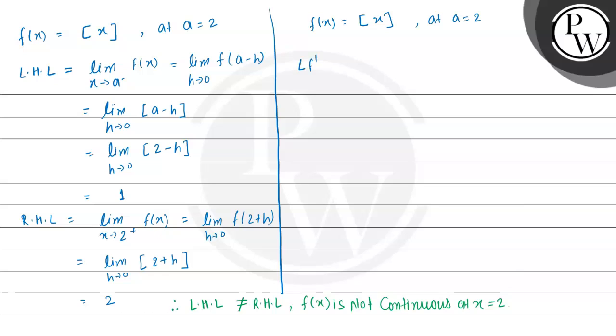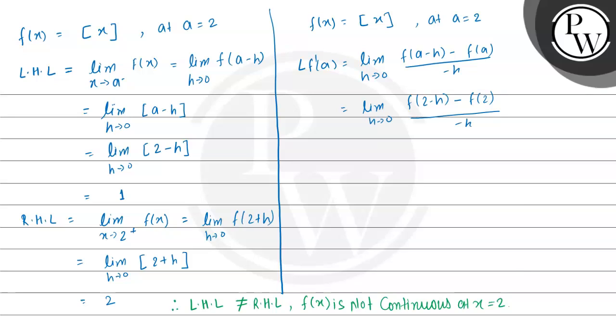First we find the left hand derivative, which is limit h tends to 0 f of 2 minus h minus f of 2 divided by minus h. So this is limit h tends to 0 greatest integer function of 2 minus h minus greatest integer function of 2, divided by minus h. The greatest integer function of 2 minus h is 1, and that of 2 is 2, so this becomes 1 divided by h. As h tends to 0, the value is infinity, and we can say undefined value.